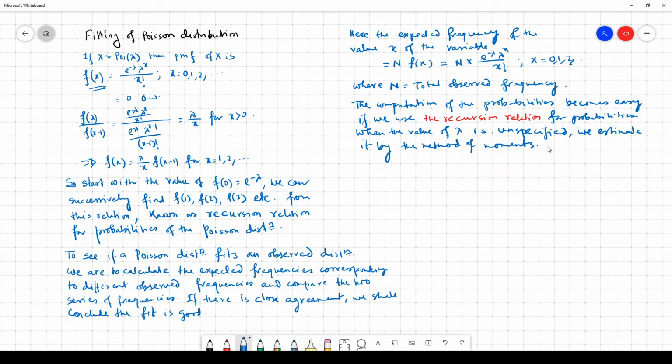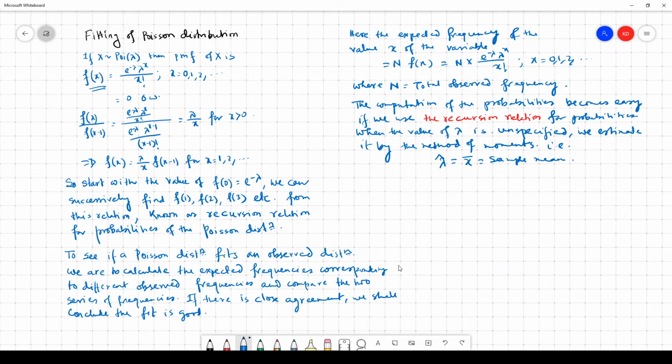That is, lambda hat, which is the estimated value of lambda, is equal to x bar, that is, the sample mean. And proceed as before. Okay.